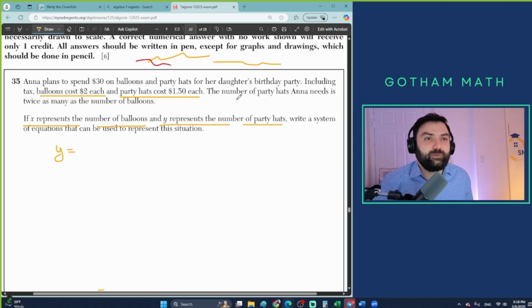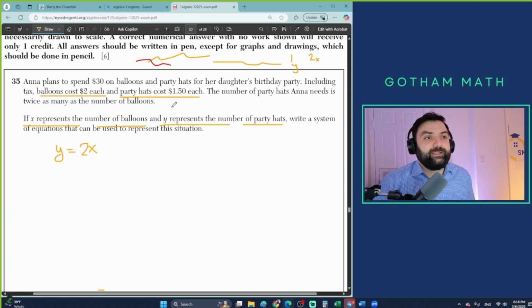They say the number of party hats Anna needs is twice as many as the number of balloons. So it's basically like this: for one party hat, you have 2 balloons. That's why y will equal 2x. So in order to equal them, balloons need help of times 2. That's the best way I probably can explain.